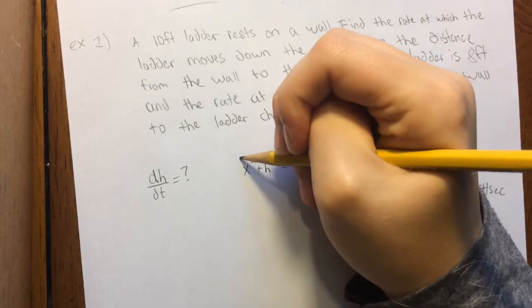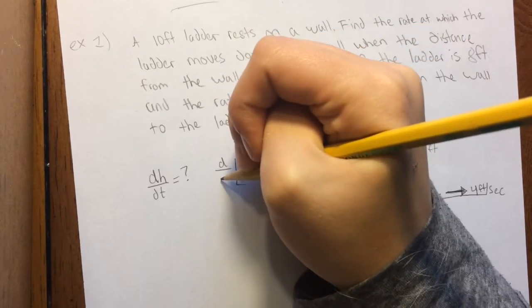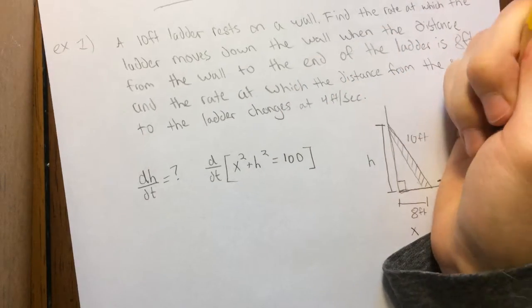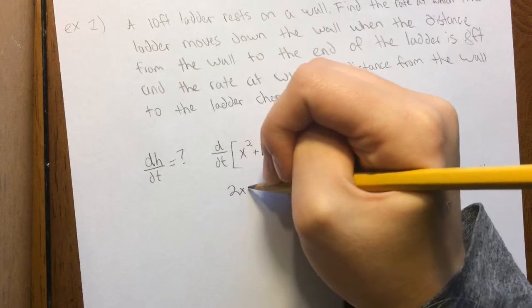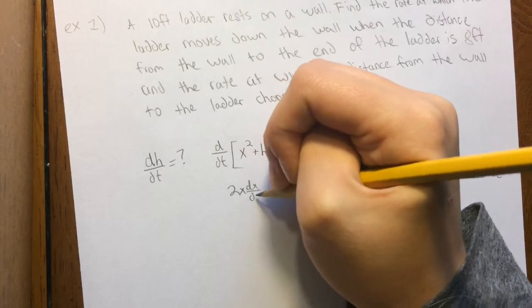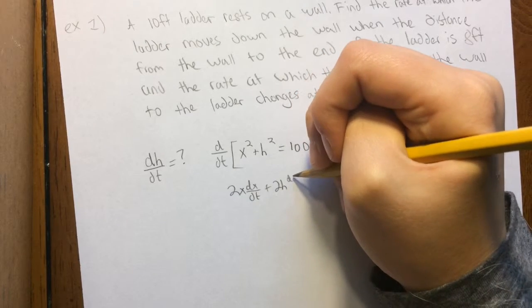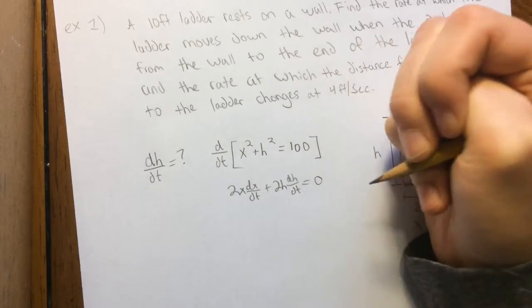Next we take the derivative with respect to time, and through implicit differentiation, we get 2x times the derivative of x with respect to time plus 2h times the derivative of h with respect to time equals 0.